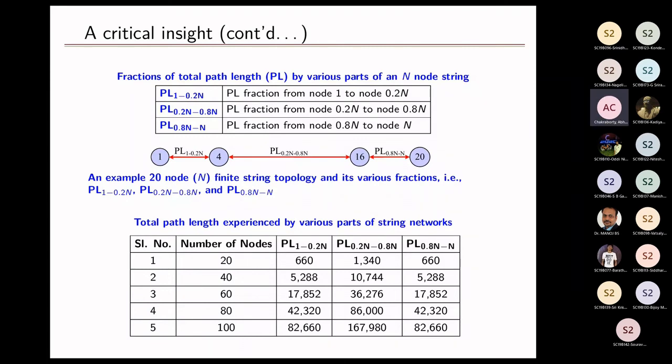So when we looked at the actual path length contribution, it was clear why the first link is always trying to find a location nearer to the terminal nodes. That's why it is 0.2 and 0.8. It is almost nearer to the extreme nodes in a string topology, where there are no other paths existing. It is one of the simplest topologies you can assume.